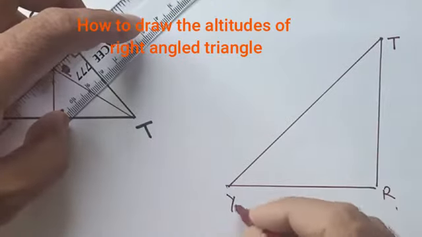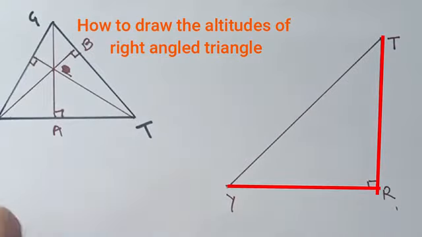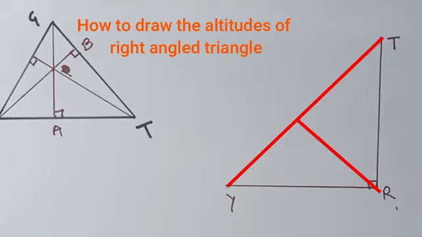As this is the right-angled triangle, segment TR and segment YR are perpendicular to each other. Hence, these are the two altitudes of this triangle. Let's draw the third altitude of this triangle.